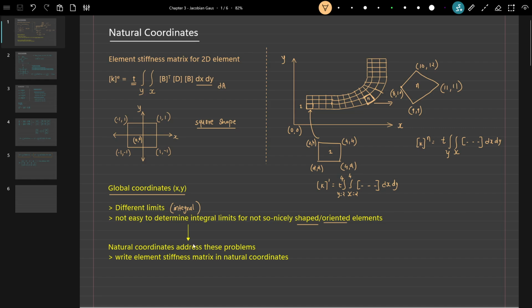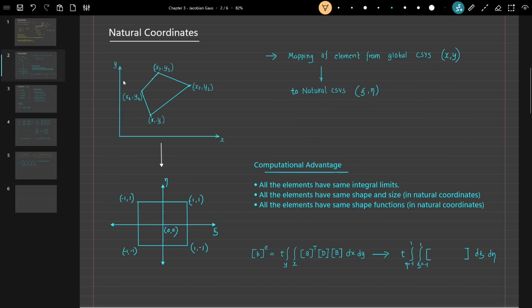With natural coordinates, when we write the element stiffness matrix in natural coordinate space instead of xy space, we basically address these issues. Let's see how it happens.